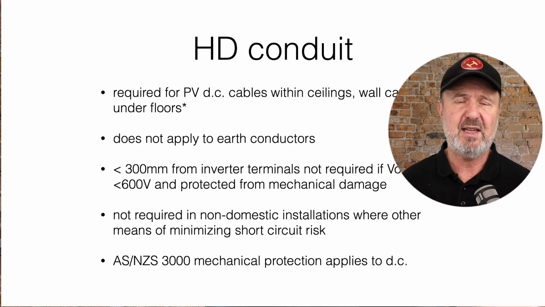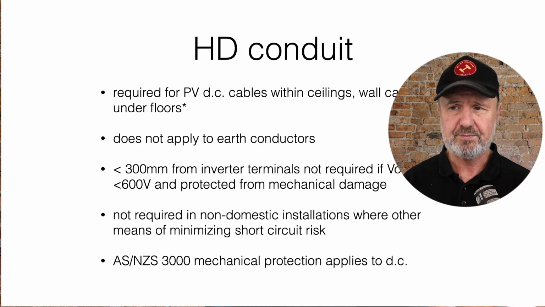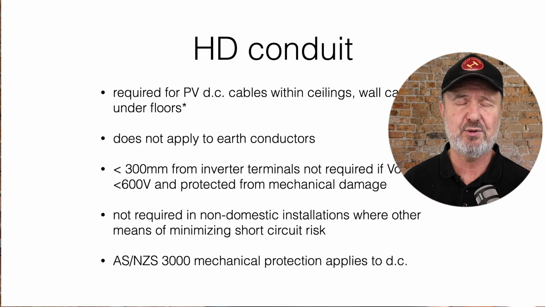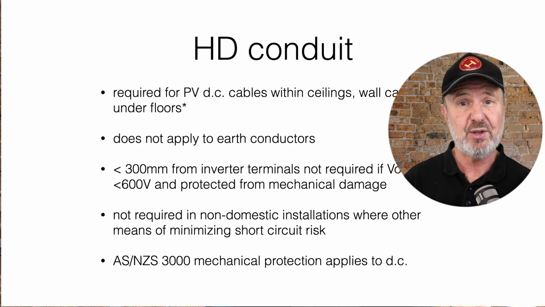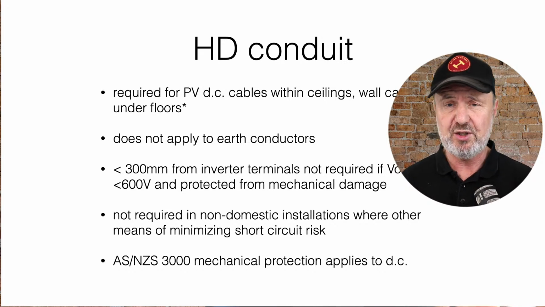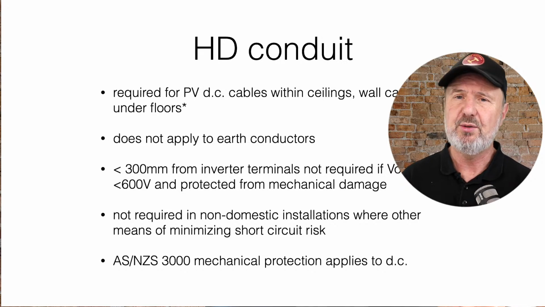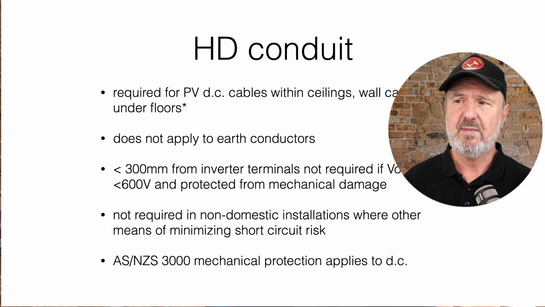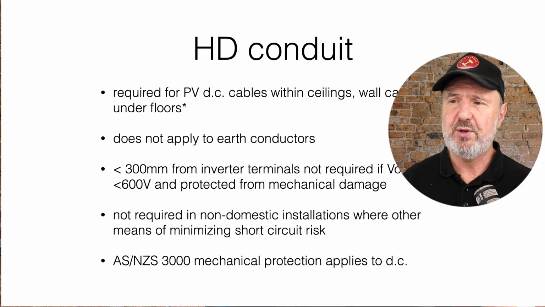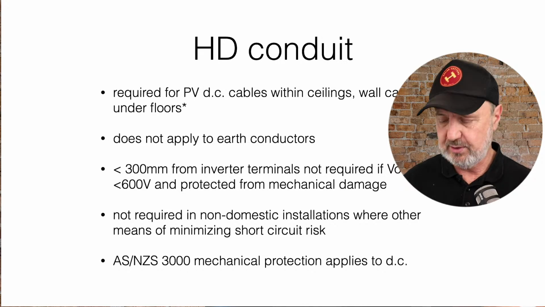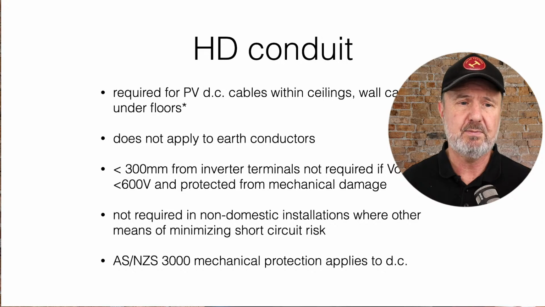Think about the clauses in AS/NZS 3000 about protection of cables, and if you're putting them out of harm's way, out of reach, maybe in a commercial installation in cable tray close to the ceiling, the DC cables could go in there as well, as long as you've got your 50 mils of separation between any other circuits of AC or telecommunication or data. They could go in that same cable tray and wouldn't have to be in HD conduit. So just pointing out that AS3000's mechanical protection applies to DC cables as well as AC cables.